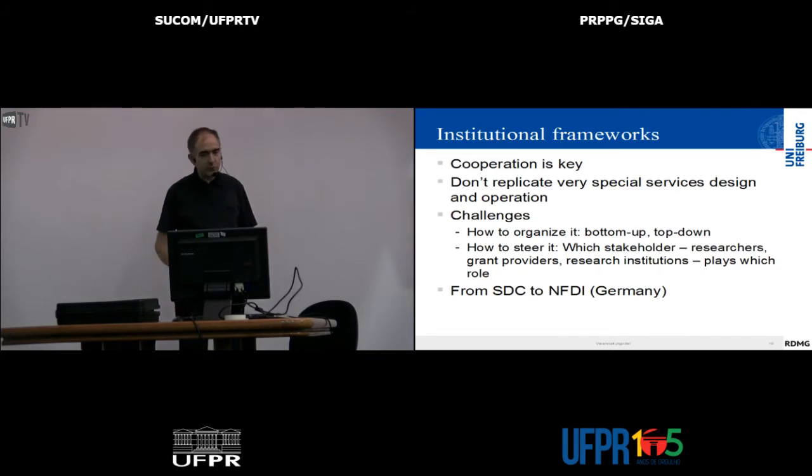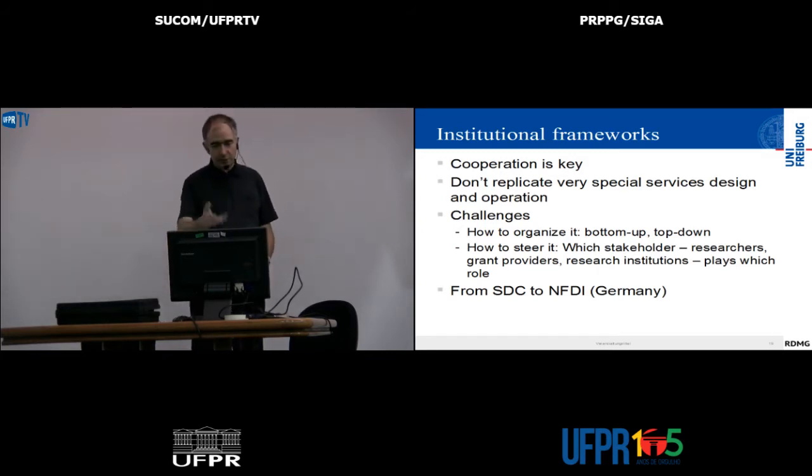Cooperation in Germany will lead from science data centers, SDCs, to a national infrastructure. The F is German for research. So in English it would be NRDI, National Research Data Infrastructures, but this is our abbreviation for that. Not just having a computer center, but having organized structures.